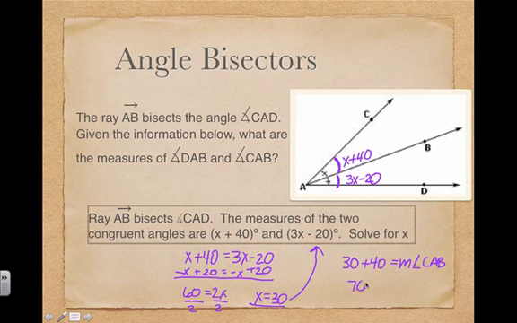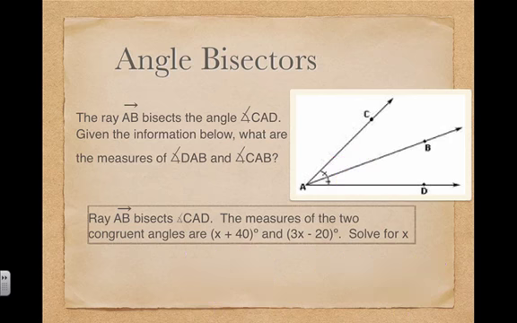So we now know that 70 degrees equals the measure of angle CAB. And since they're congruent, it's congruent to the measure of angle DAB, we also know that that equals the measure of angle DAB. So now you've used information about a bisector to solve a mathematical problem. All right, let's go ahead and move on to lesson 1.5 now.